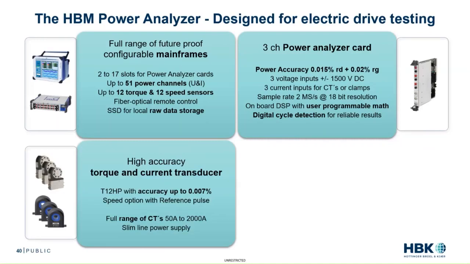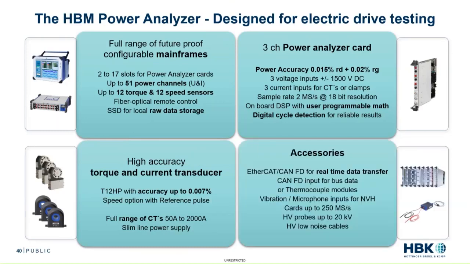Then you have high accuracy torque and current transducers, anywhere from 0.03 to up to 0.007% accuracy, which also include a speed option with reference pulse, so you can identify the position of the motor, and a full range of CTs from 50 amps to 2000 amps with a slimline power supply.